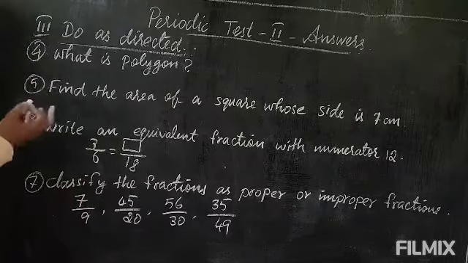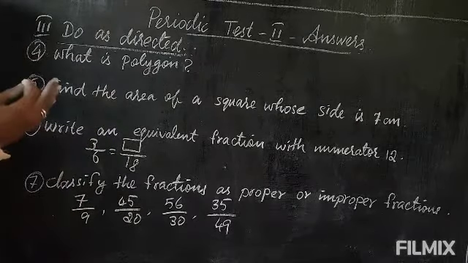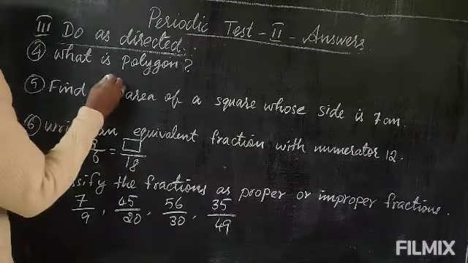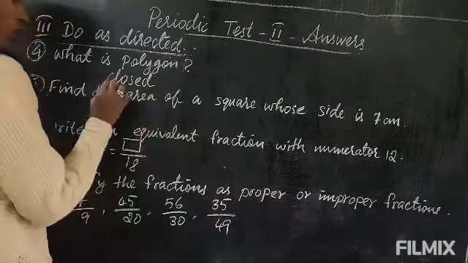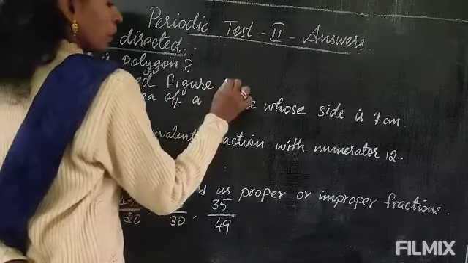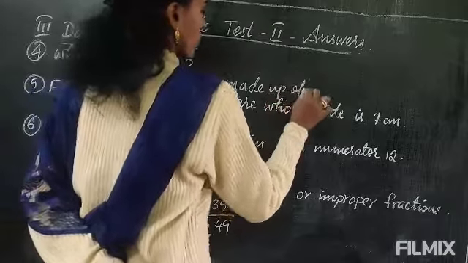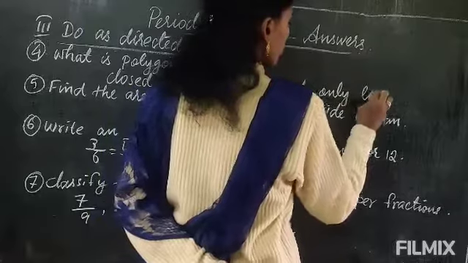What is polygon? In polygon, 2 words are important. That is, a polygon should be a closed figure and it should be made up of only line segments. So take the closed figure sentence from the book. I am just giving what is important. Closed figure made up of only line segments.